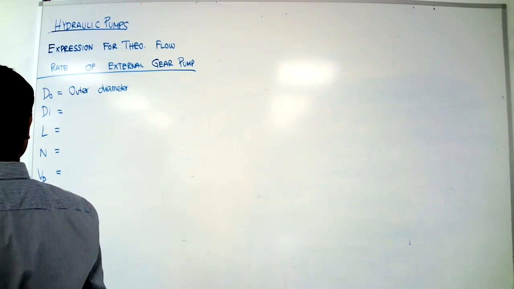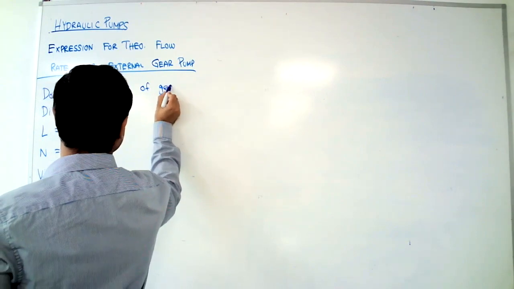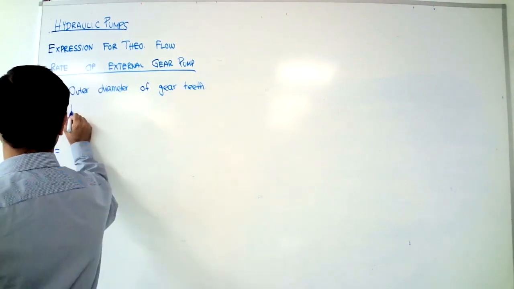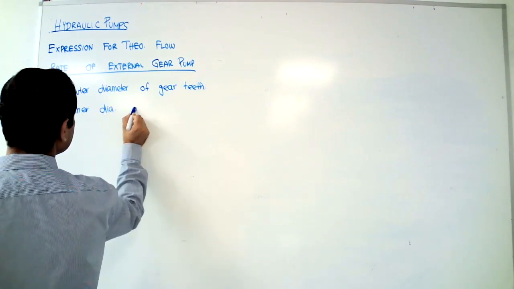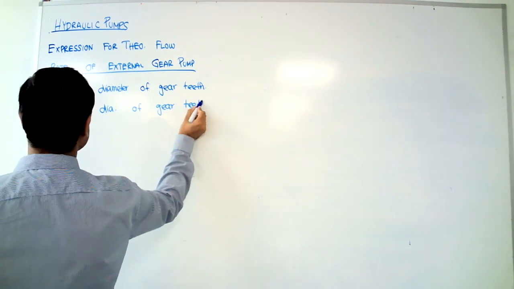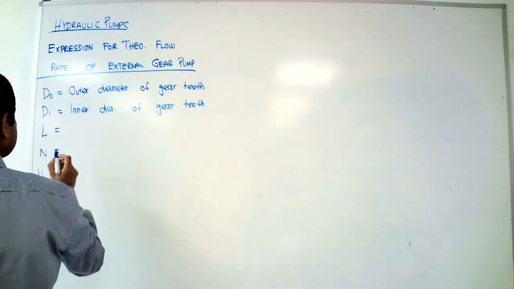D naught is the outer diameter of gear teeth. D I is the inner diameter of gear teeth. L is the width of a gear teeth.